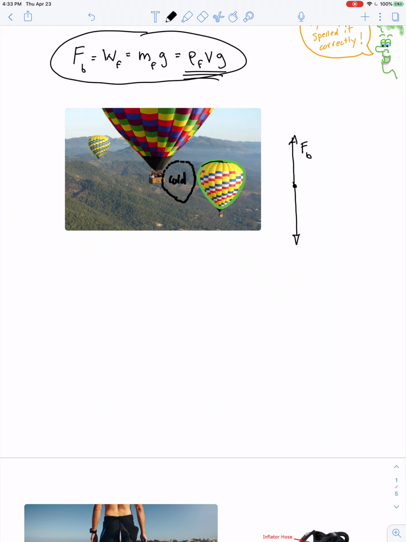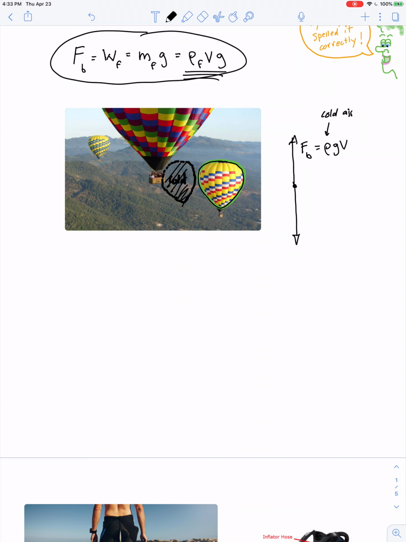The canopy, the material, the fabric that's filled with the hot air, doesn't really expand or collapse much, so its volume stays the same, and if buoyant force is density times gravity times volume, the density here we're talking about is the density of cold air, because that's the fluid that's been displaced away.